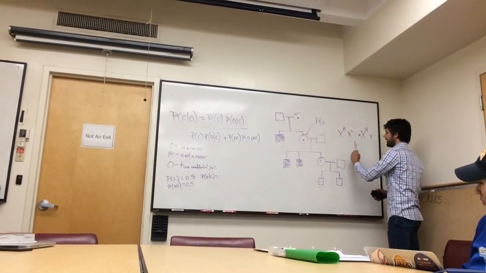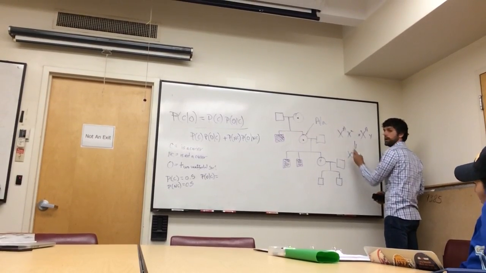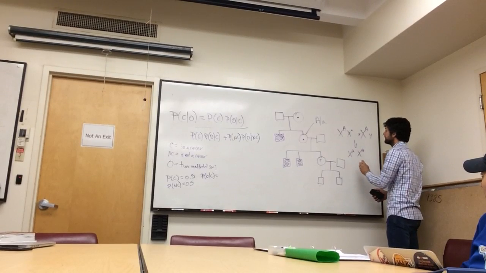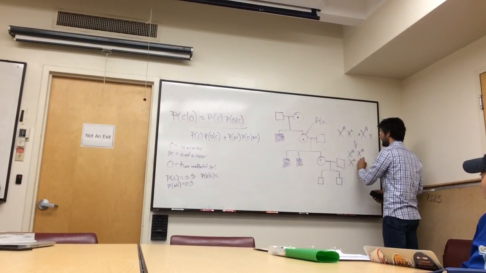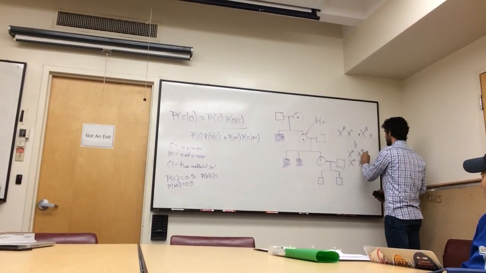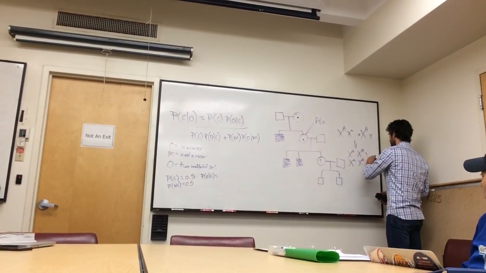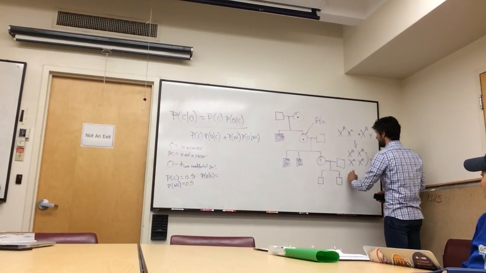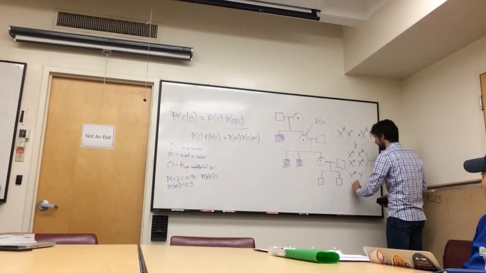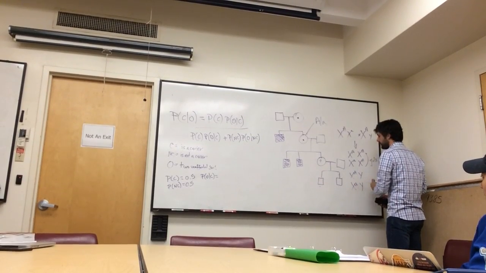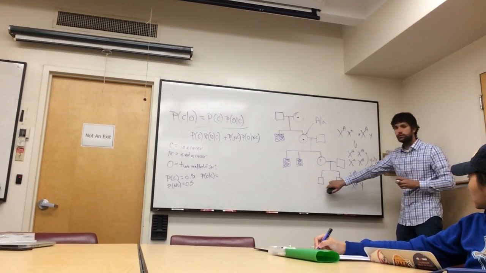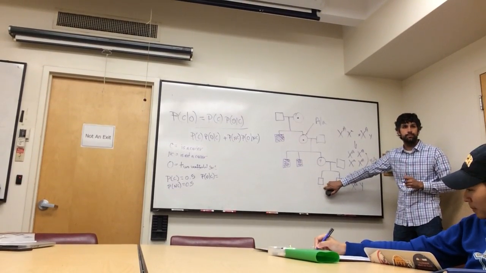So we can have either X big A from mom and X big A from dad, or X little a from mom and X big A from dad. These are girls. Or we can have X big A from mom, Y from dad, X little a from mom, Y from dad. So we know that these are boys, not girls.